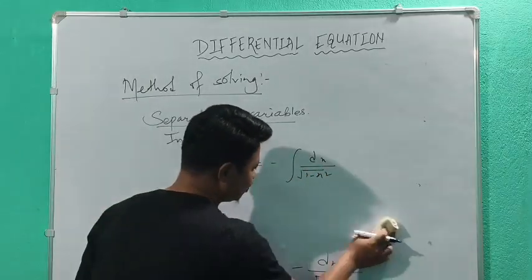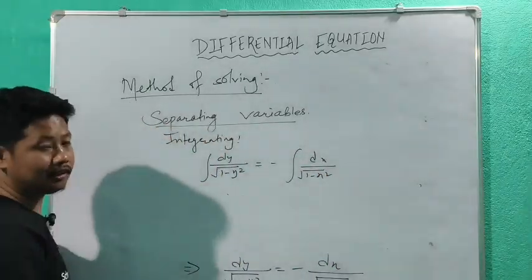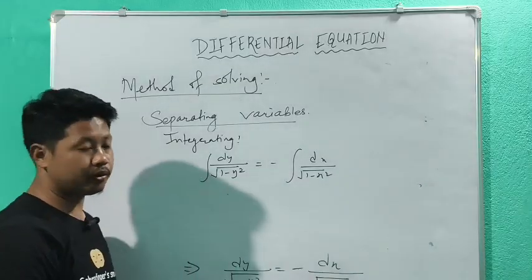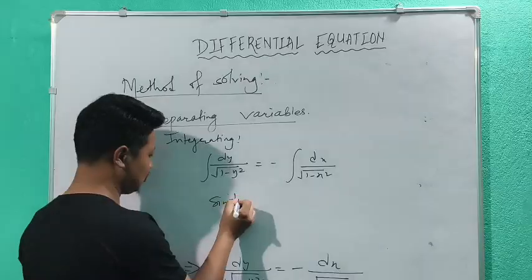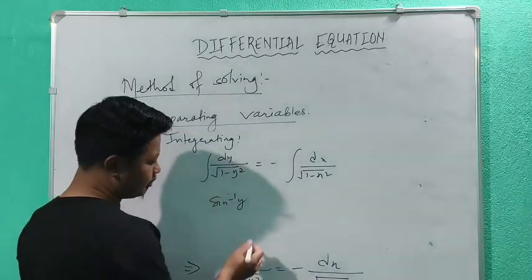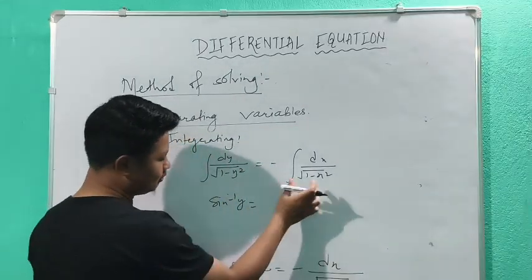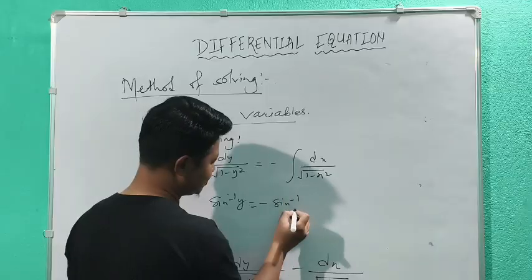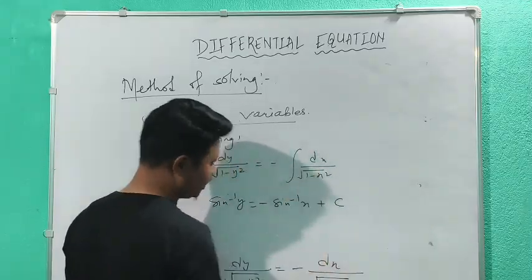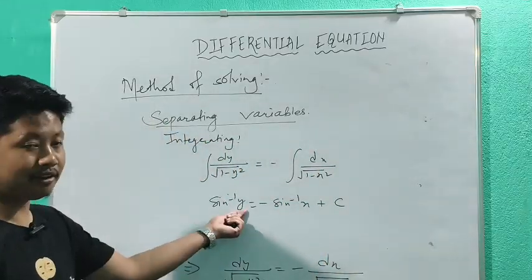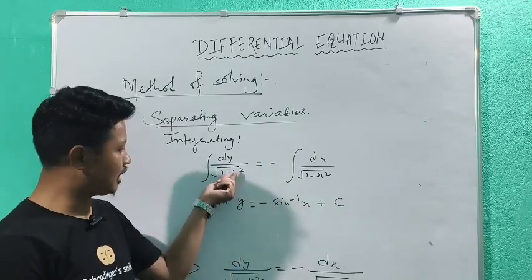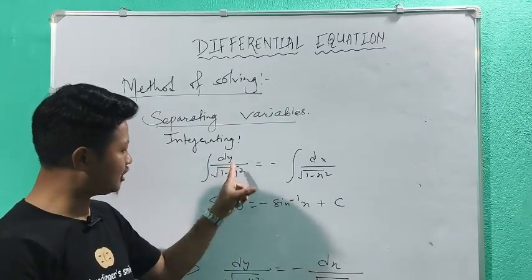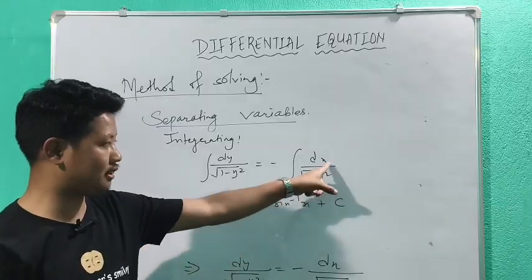after I integrate, the integration of dy by square root of 1 minus y square is sine inverse of y. So there is a standard formula for this integration, and for this also, this is sine inverse of x plus c. Be careful while writing this angle. We must write with respect to this only, like if it is y, write y, if it is x, write x.